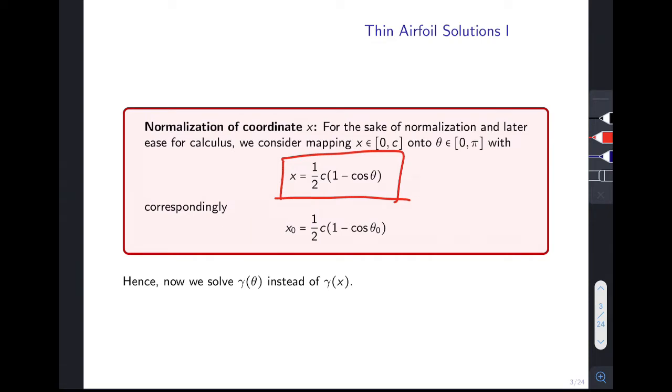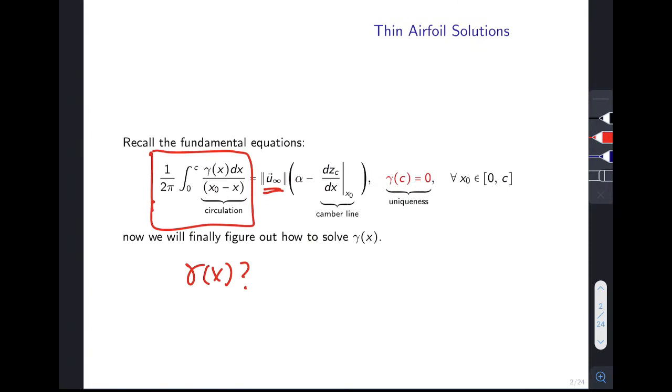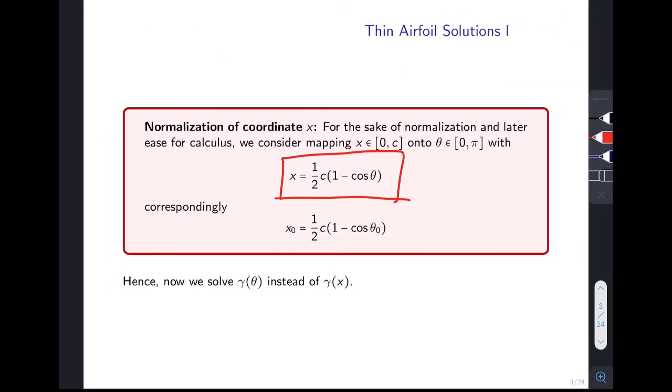The reason why we're doing this is because you will soon see in a few minutes that there's a huge benefit. You can actually have a very nice solution by just performing this transformation. Also, note that we have an x naught before. So x naught correspondingly will transform to a corresponding theta naught.